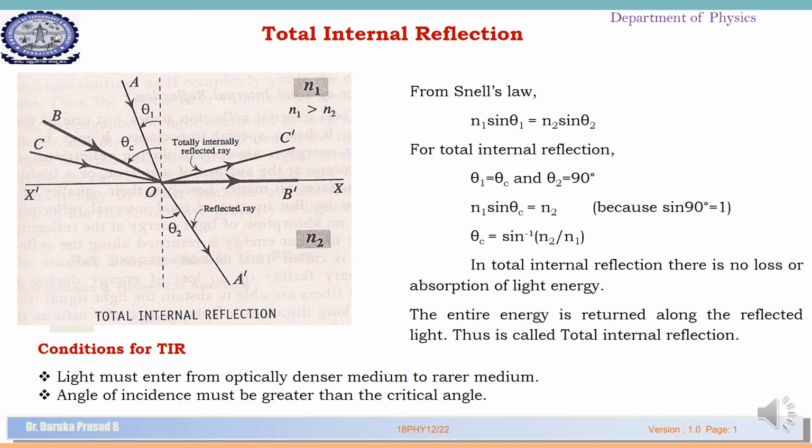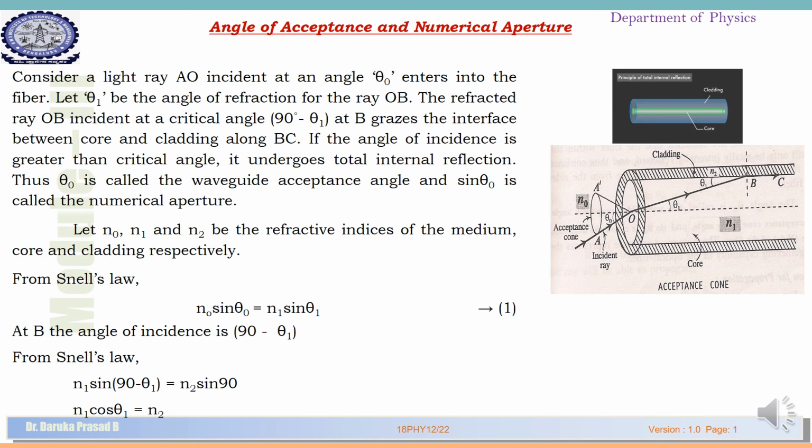Now we will go to the region. See, if the angle of incidence is less here, then the angle at the boundary will be more than the critical angle, and there is total internal reflection. If this angle of incidence is greater than theta naught, and it keeps increasing, then the angle of incidence at point B will be less than the critical angle.